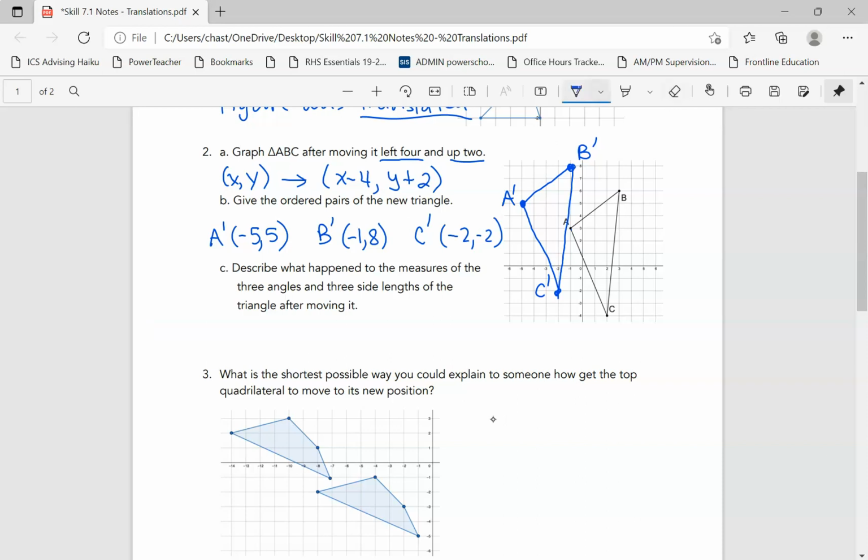Sorry, friends. So corresponding angles are congruent. And notice that corresponding side lengths are also congruent. This means that translations are a rigid transformation.